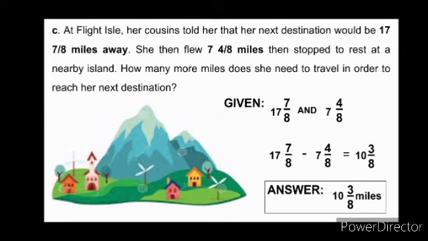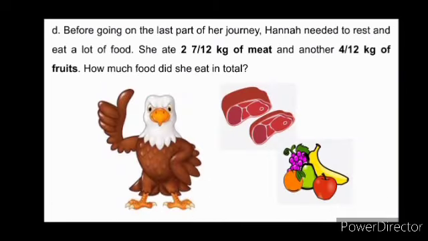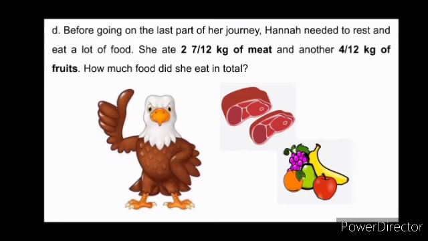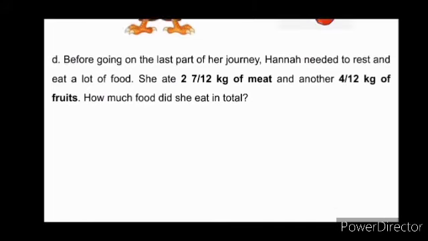Now let's do the last exercise, which is letter D. Before going on the last part of her journey, Hannah needed to rest and eat a lot of food. She ate 2 and 7/12 kilograms of meat and another 4/12 kilogram of fruits. The question is, how much food did she eat in total?